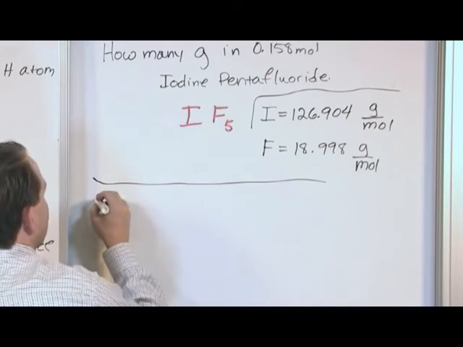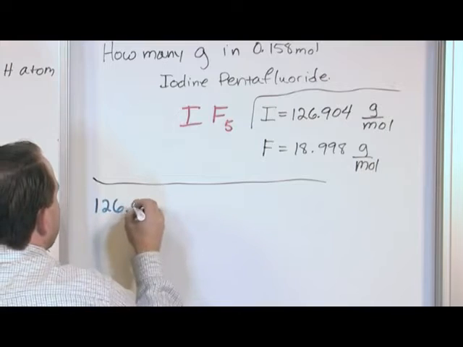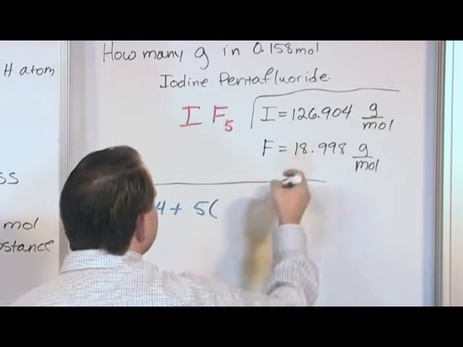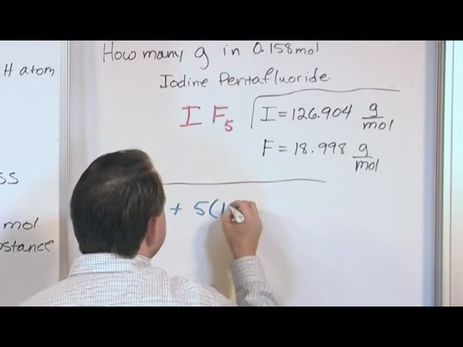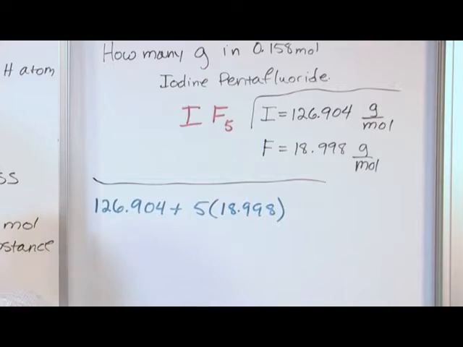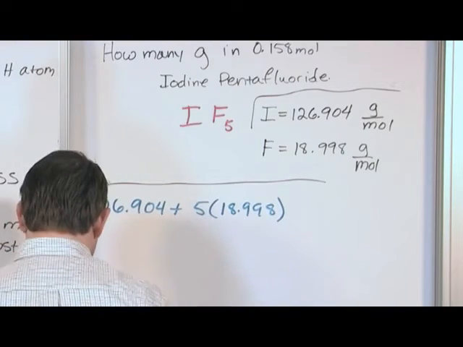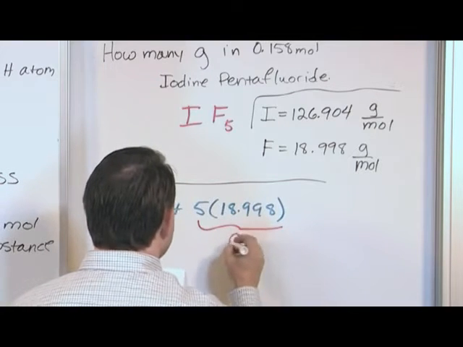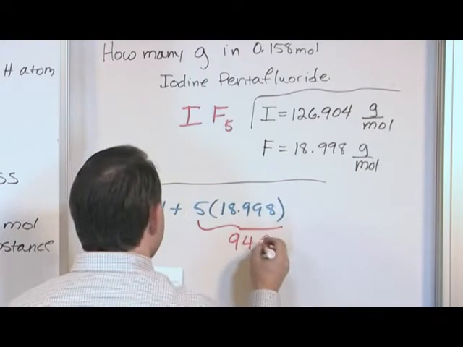So we'll have 126.904 plus 5 times this molar mass, 18.998. And so what you're going to have at the end of the day is this multiplication comes out to 94.99.